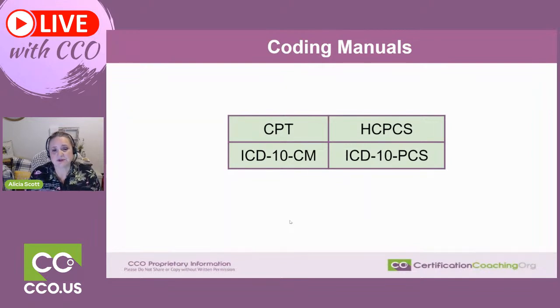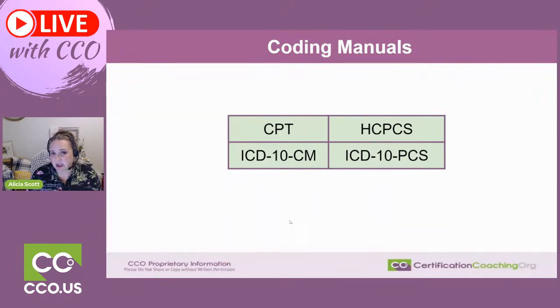The manuals are going to be your CPT manual, your HCPCS manual, the ICD-10-CM, and ICD-10-PCS. So there's 4 manuals that you can use with medical coding. CPT will have procedure codes for outpatient services, and the ICD-10-PCS manual is procedures for inpatient coding.